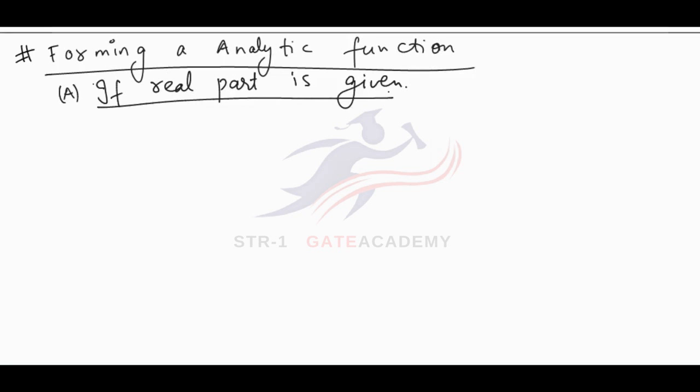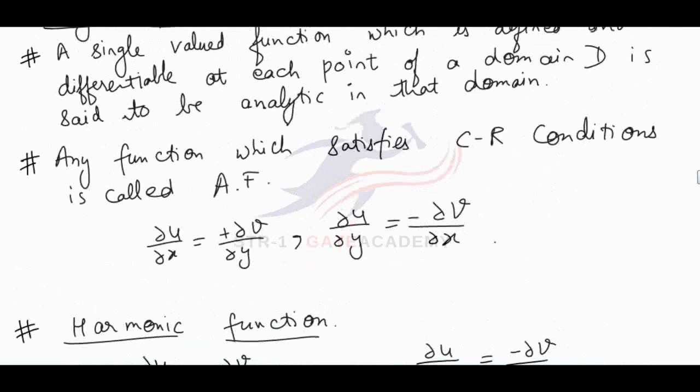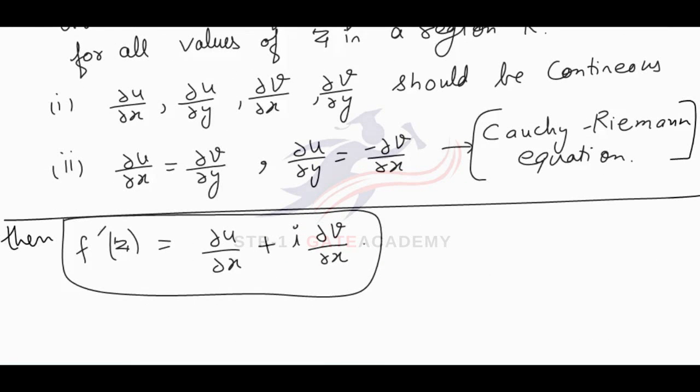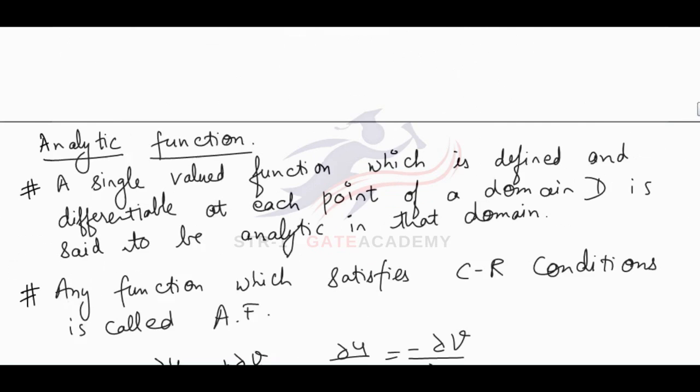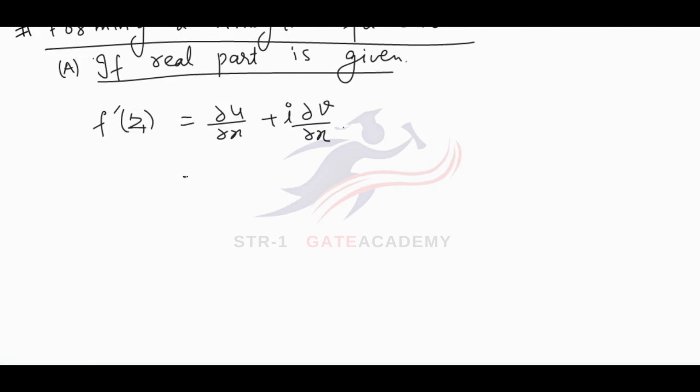See, we know that f dash z is del u by del x plus i times del v by del x.